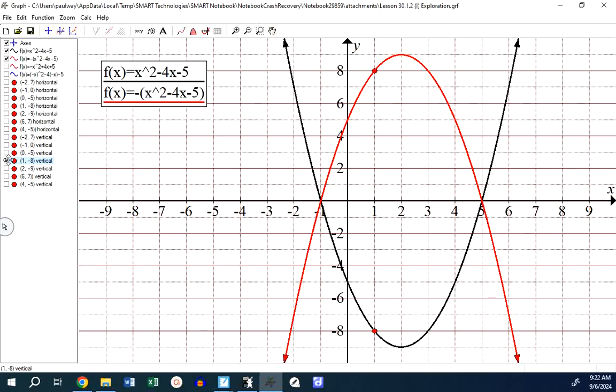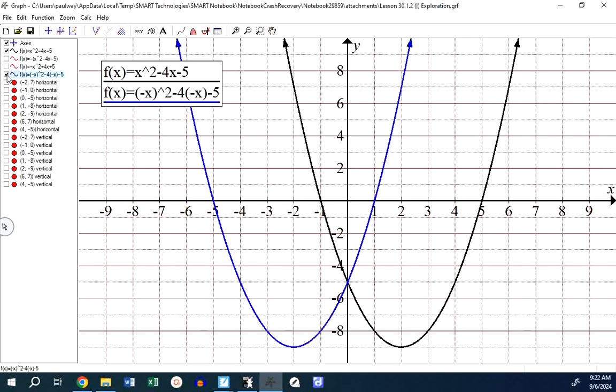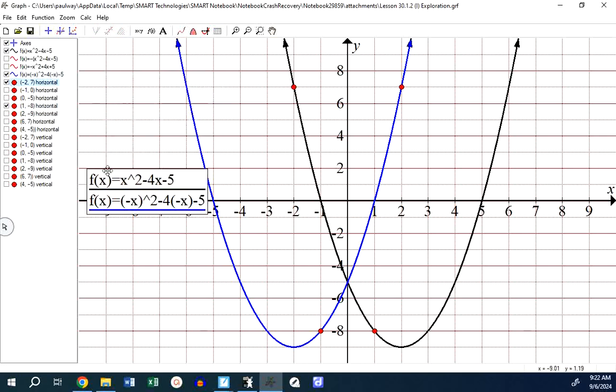And by the way, this point, which is at negative 1 comma 0, doesn't move in a vertical reflection because the y coordinate's 0. And if you multiply 0 by negative 1, you still have 0. It doesn't change. So we're multiplying y coordinates by negative 1, whereas when you take a look at the horizontal reflection, we're multiplying the x coordinates by negative 1.